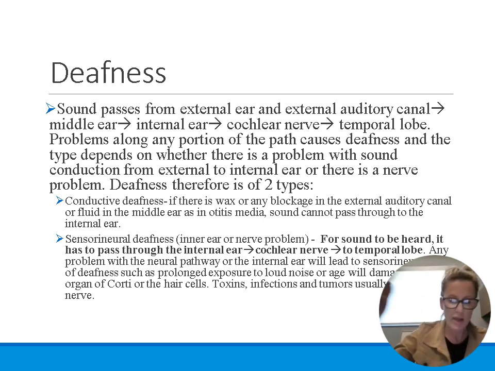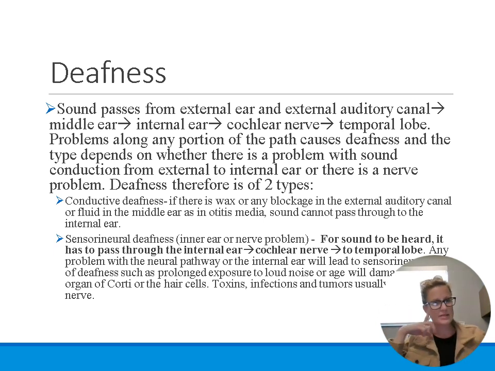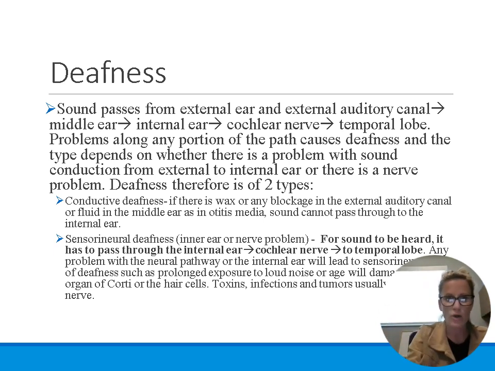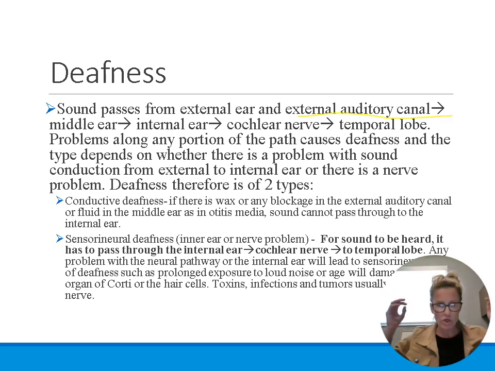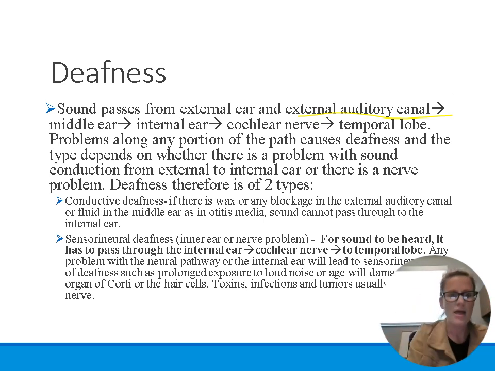First, sound waves come in to the external ear, and they go through the ear canal. Sound passes through that external ear and the external auditory canal, and then it pushes on the eardrum, right? You push on your eardrum, and then the sound goes through the middle ear.